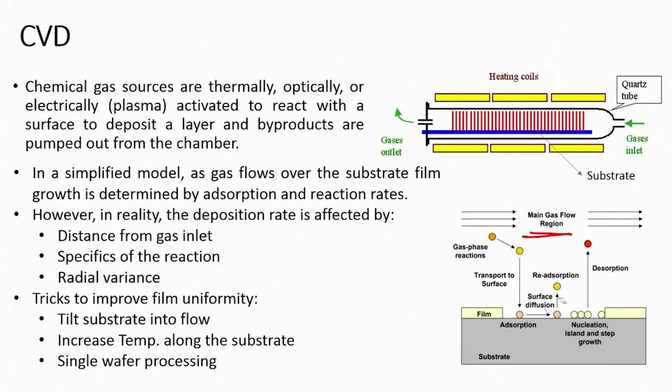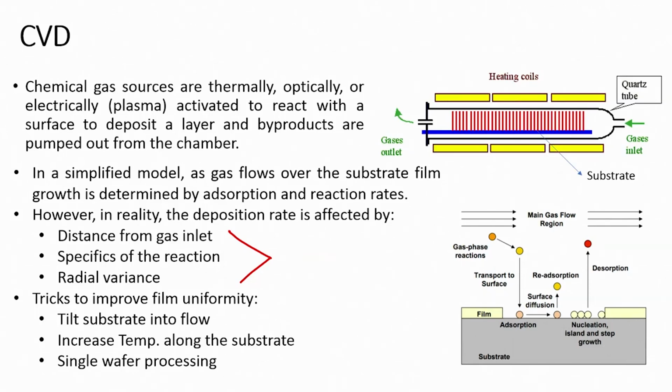So, using CVD we can deposit several films, in particular insulator and silicon. When we say several, that means just limited to insulators and silicon. Now, in reality the deposition rate is affected by distance from the gas inlet, specifics of the reaction, and radial variance.